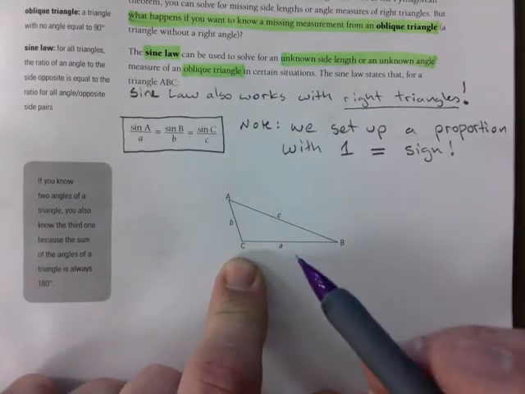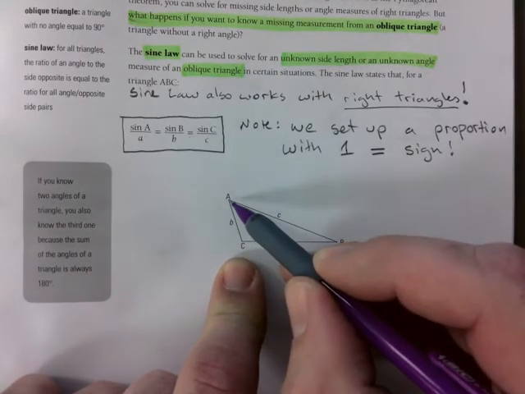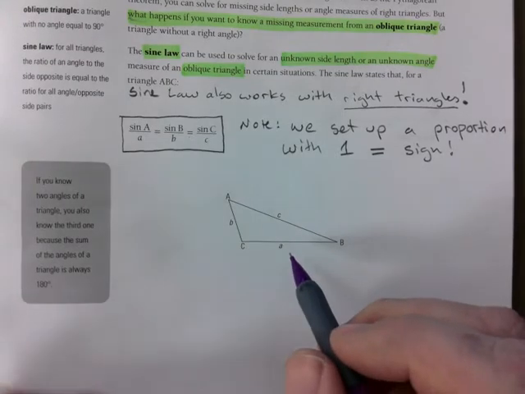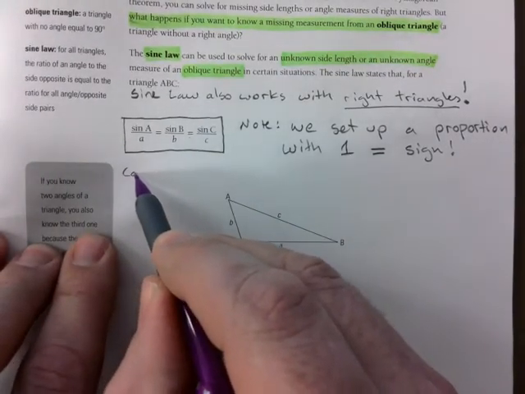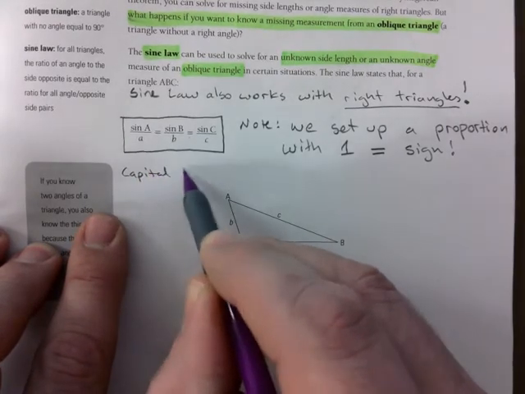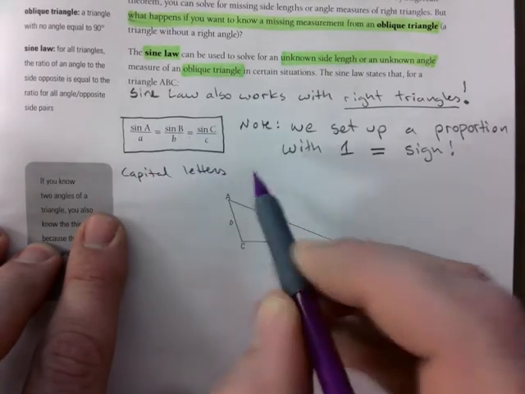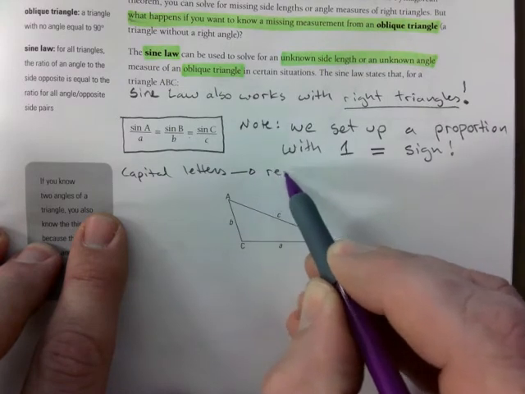But here's something I want you to note. Watch this. Capital letters right here represent angles.